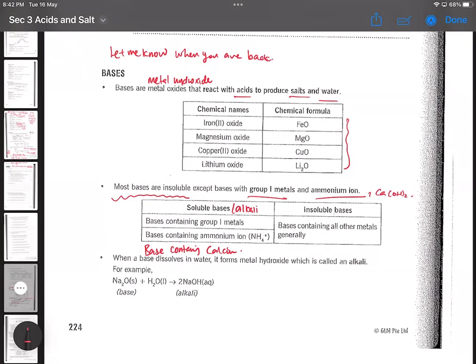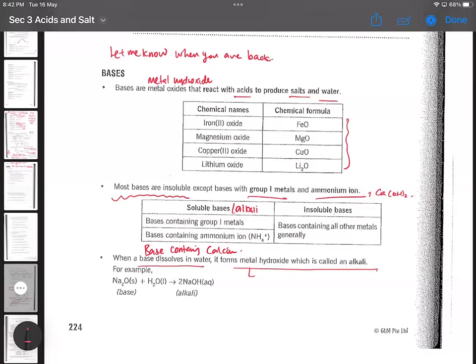So what actually happens? In fact, this one was one of those things I was telling some of you when you are doing ionic equations. Okay, let's take a look at exactly how alkalis are formed. Okay, in a very simple way, when it dissolves into water, it forms a metal hydroxide, which is called an alkali.